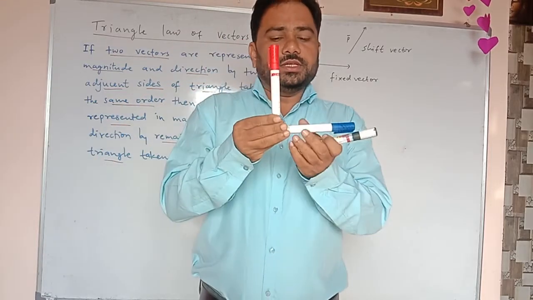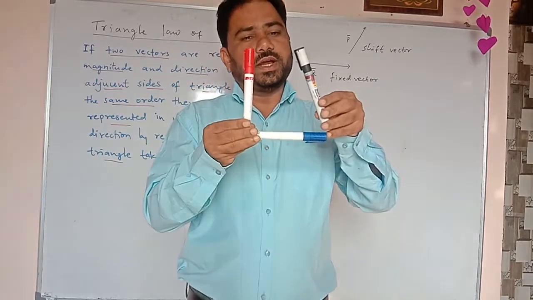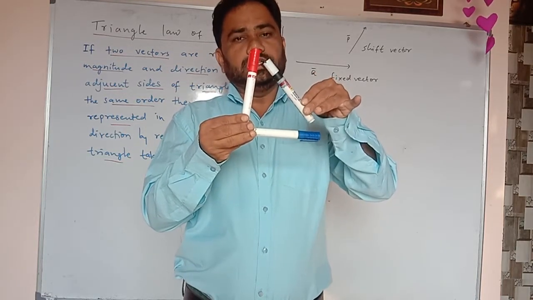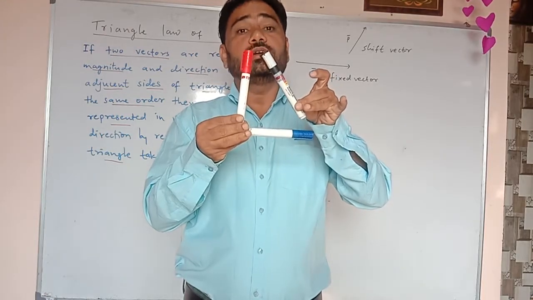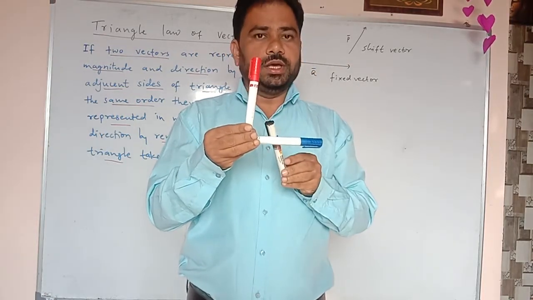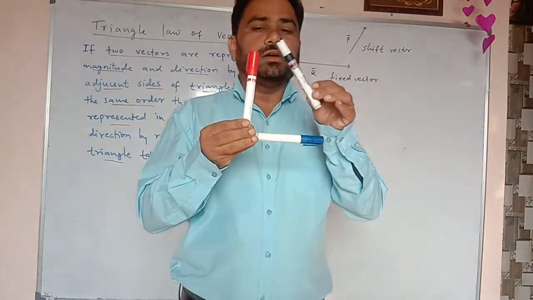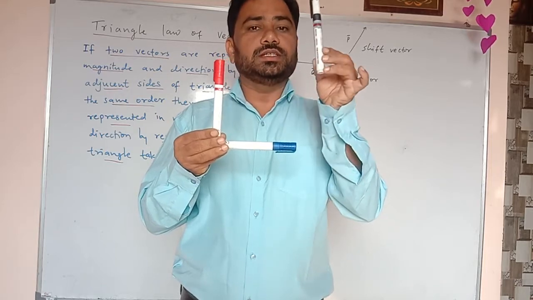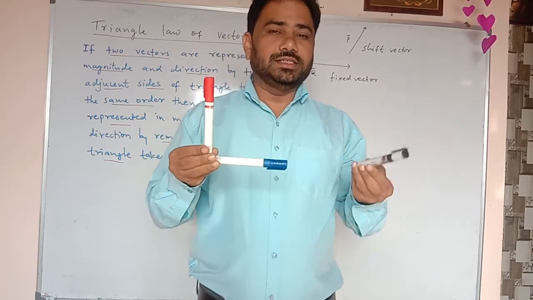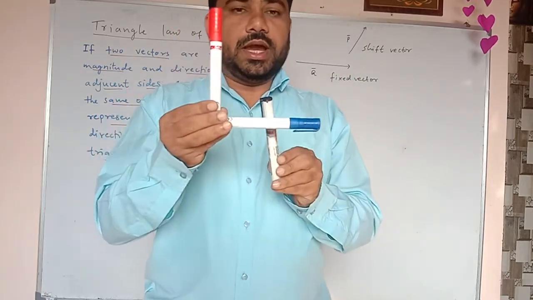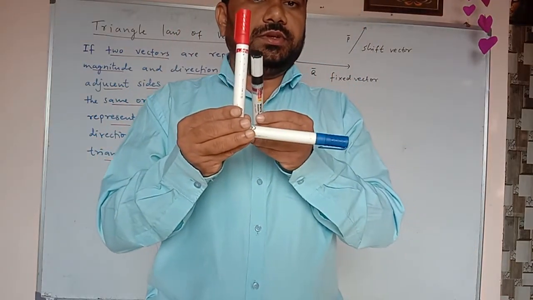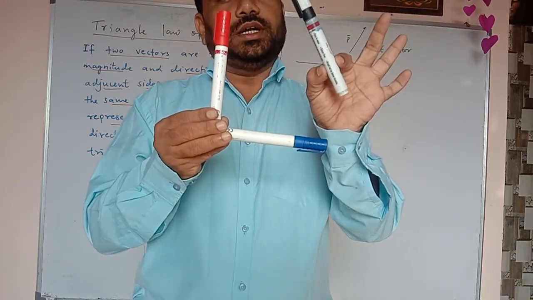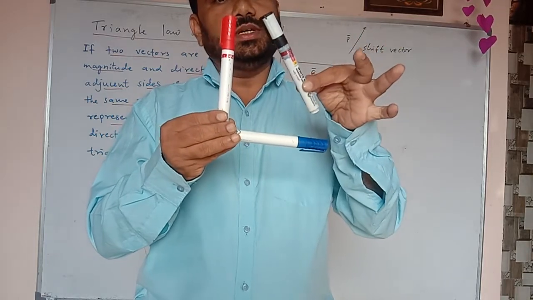Now whatever the third side of this triangle is, it represents the resultant of these two vectors. Resultant of these two vectors means the addition of the first and second vectors. So the addition of these two sides is equal to the resultant, which is the remaining side of the triangle.